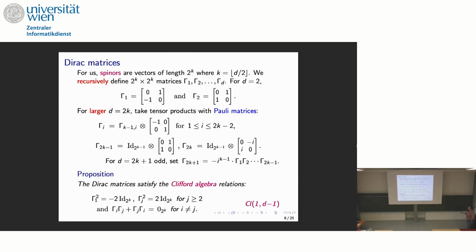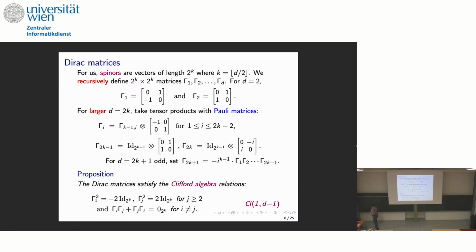For us, spinors are going to be vectors of length 2 to the k, typically column vectors, and k is d over 2, rounded down if d is odd. Now we're going to describe certain matrices, 2 to the k by 2 to the k matrices, and we're going to find d of them. So now we have a d-dimensional vector space. Just to make clear.